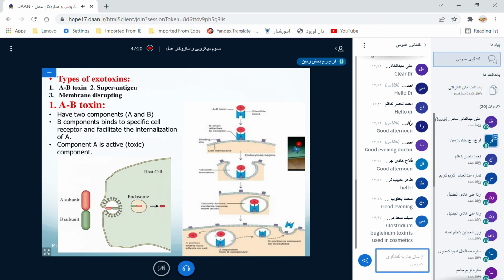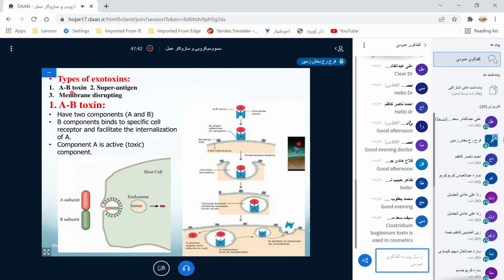Okay, what do we want to explain here? We want to talk about types of exotoxins. Exotoxins can be classified in three groups.